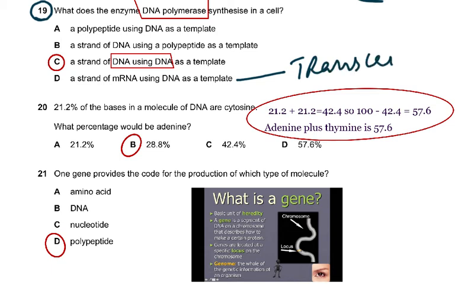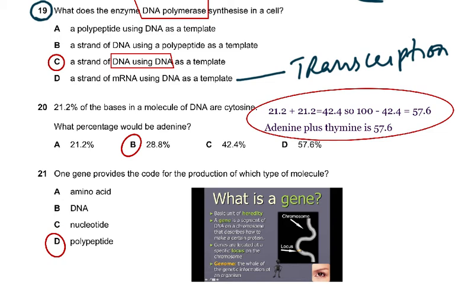So that is something that we need to understand. Now, I could change this question and say, which statement is correct for transcription? And of course, the answer would have been D then. A strand of mRNA using DNA as a template is transcription.